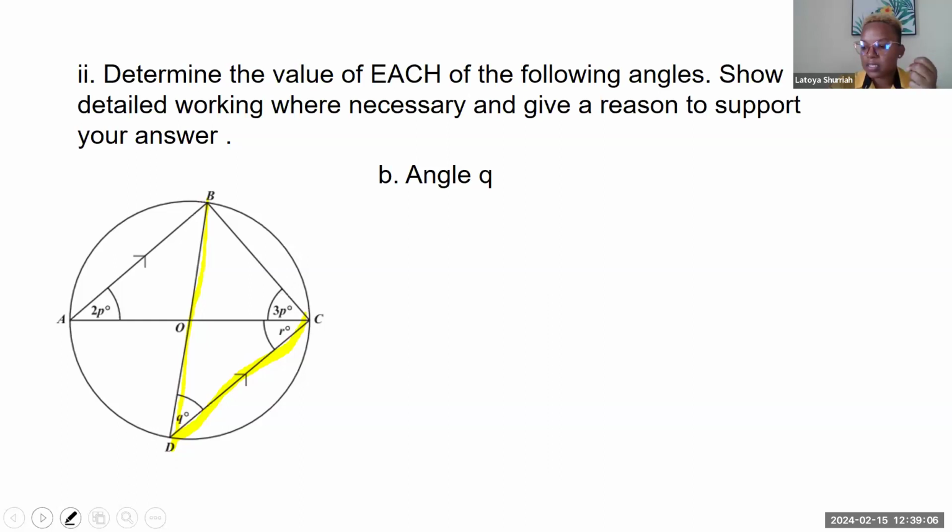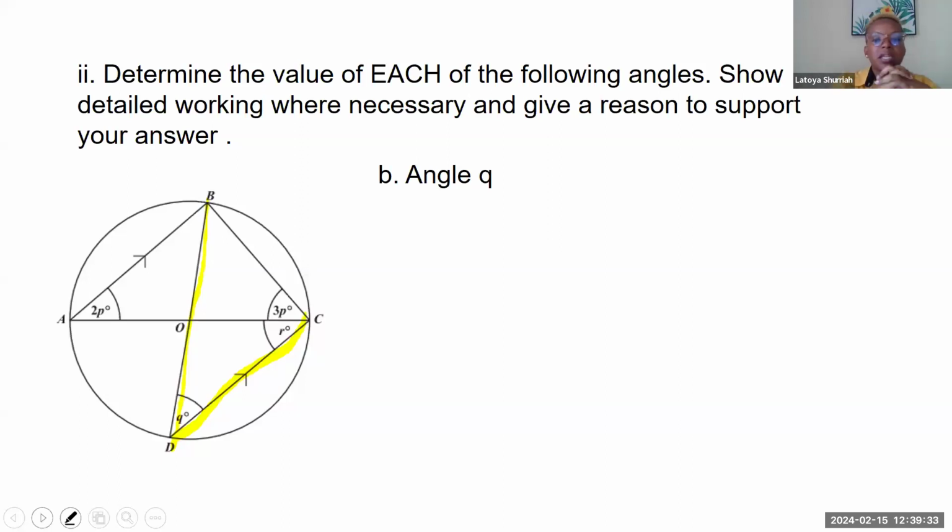This person is saying angles in the same segment of a circle standing on the same chord are equal. Mercedes also said that because they're in the same segment and they're subtended by the same arc, they're equal.